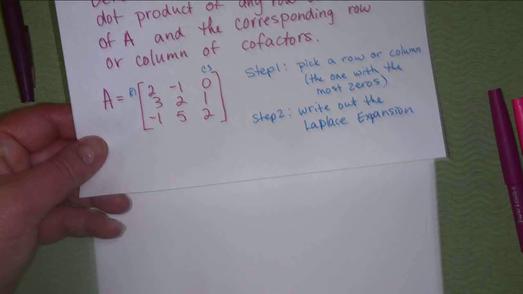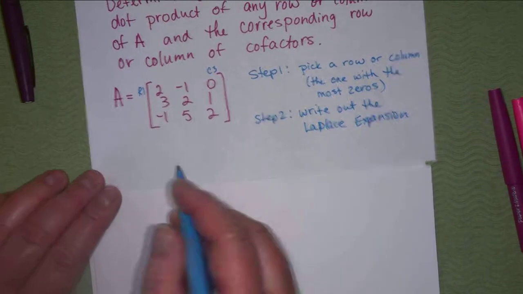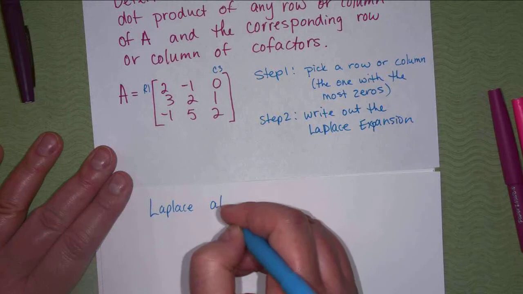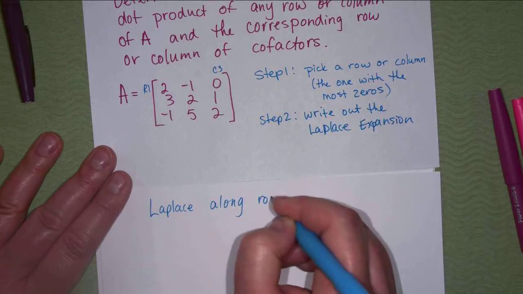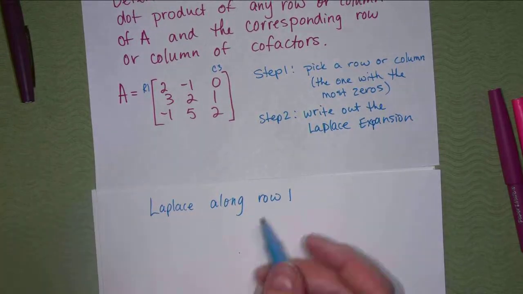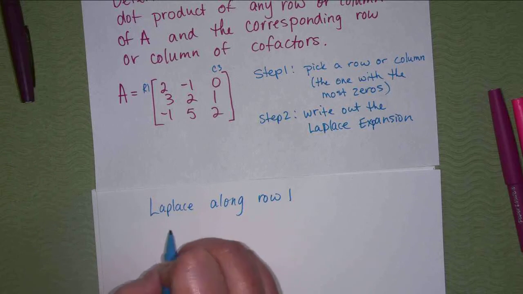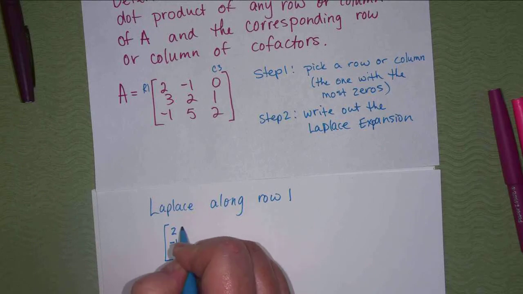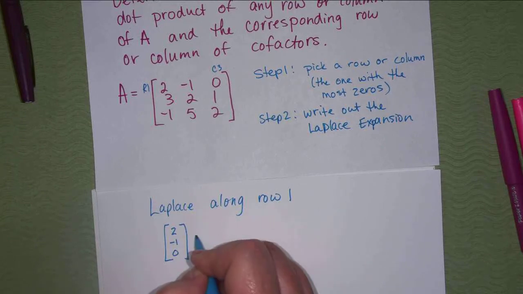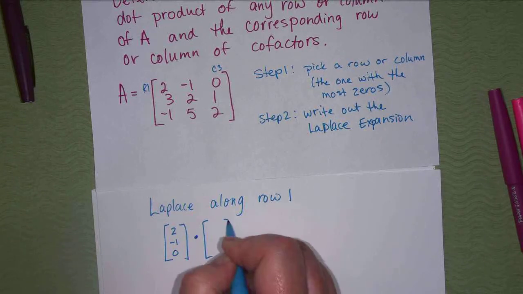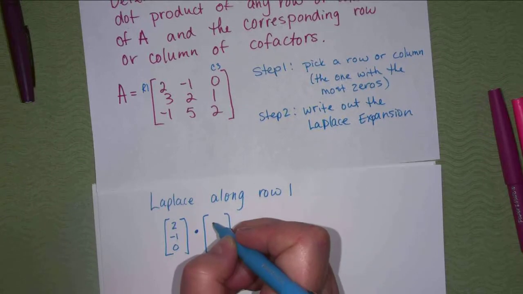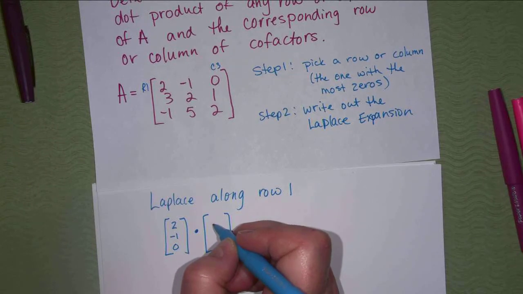So let's say we're going to do along row 1. Okay. So we take row 1, and we're going to dot it with the cofactor. So I'm just going to put C's in here.